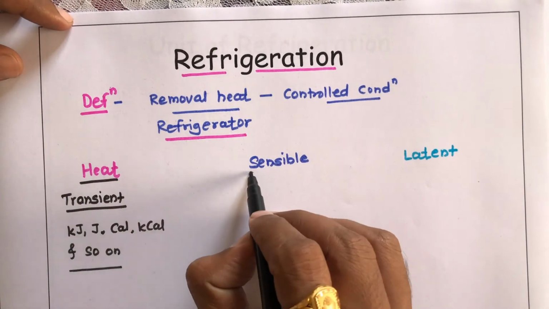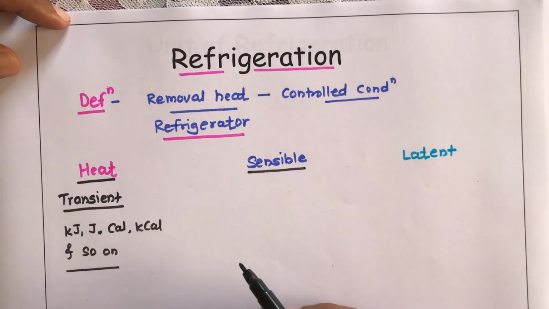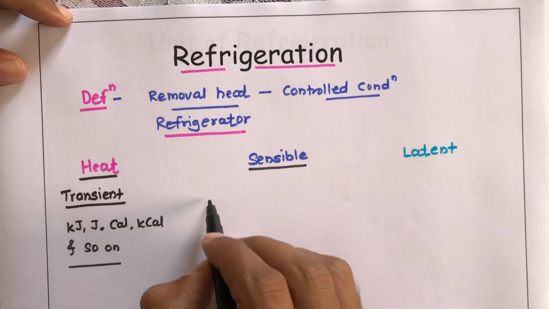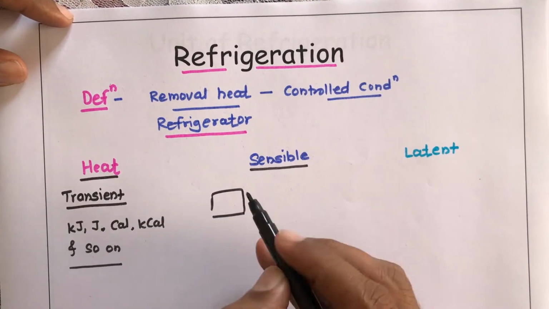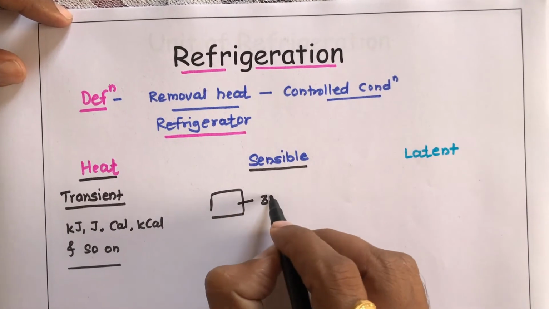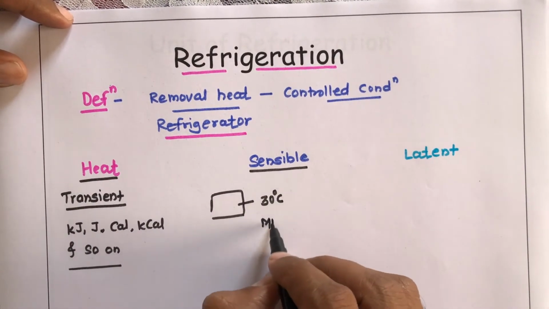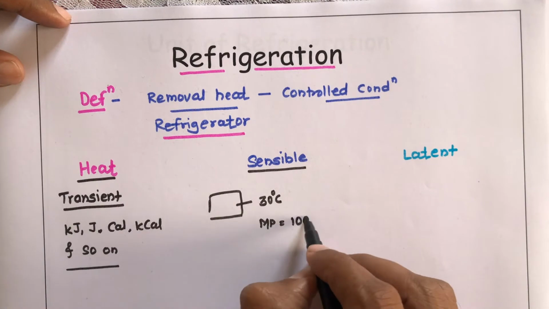Now how can we define sensible heat? For that, let us take an example. Suppose I have one metal, and this metal is at 30 degrees Celsius. Let us say its melting point is 100 degrees Celsius.